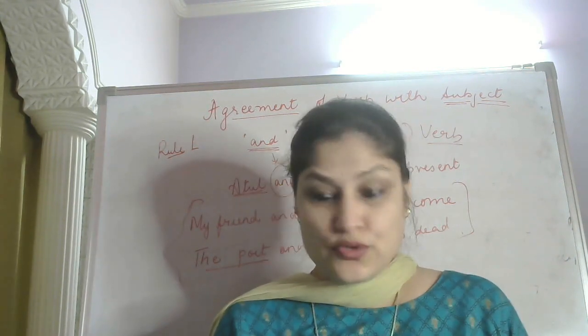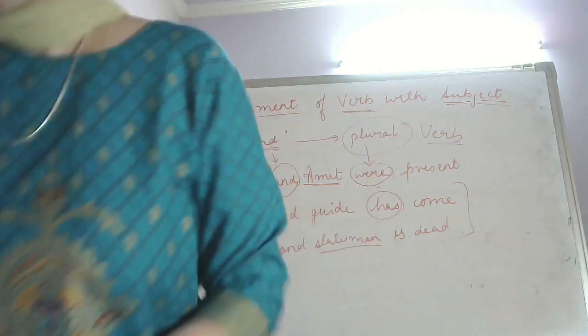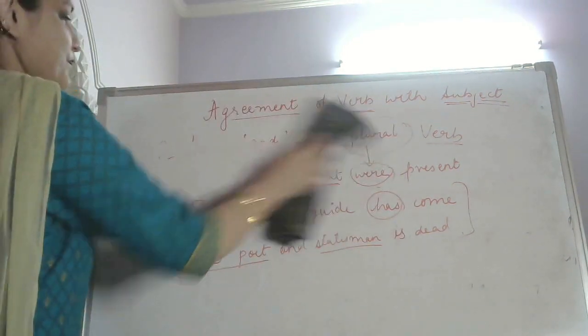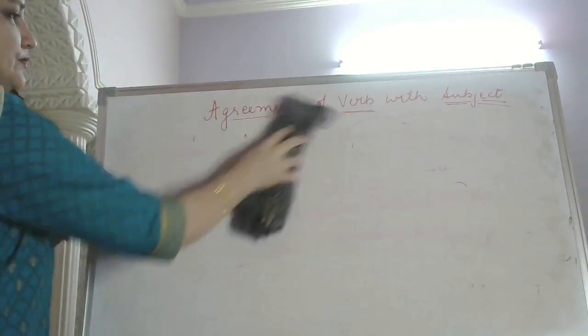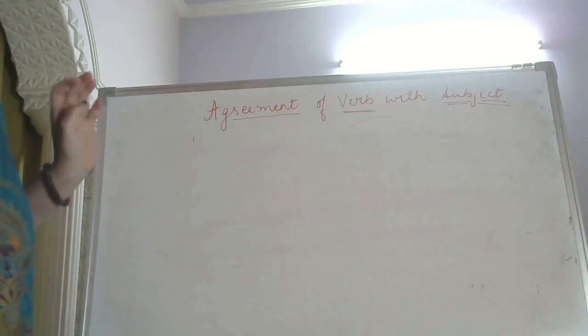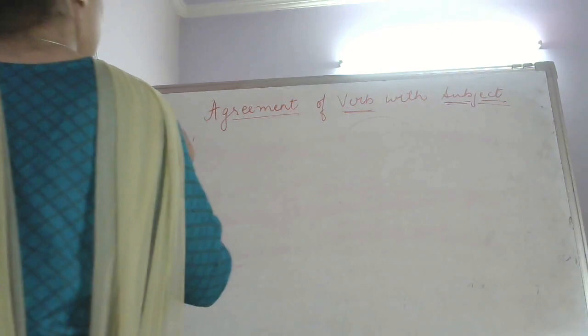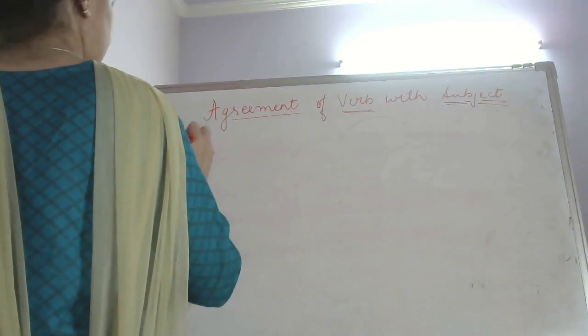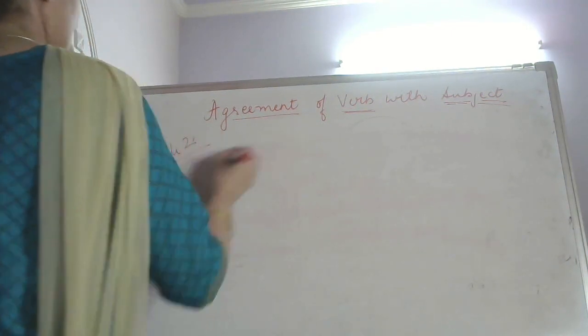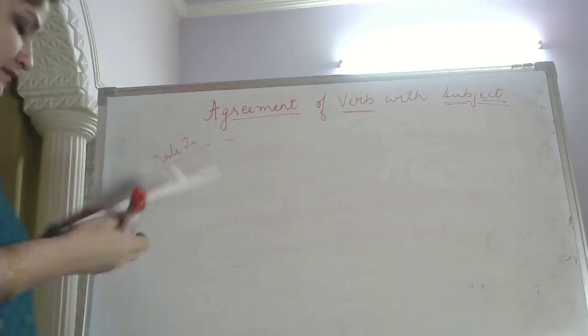Now let's move to the second rule. I hope rule number 1 and the exceptions are clear. Let's move to rule number 2. Let's see what it has to say.